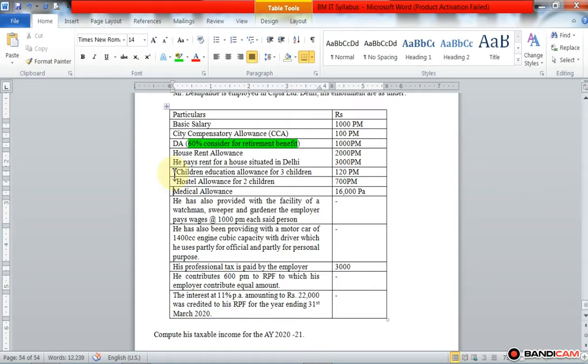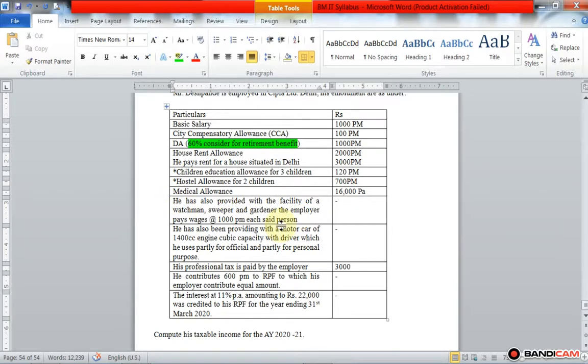Then medical allowance is given, 16,000 per annum. So it is a taxable allowance. Then he has also been provided the facility of watchman, sweeper and gardener, and the employer pays wages at rupees 1000 per month to each person.